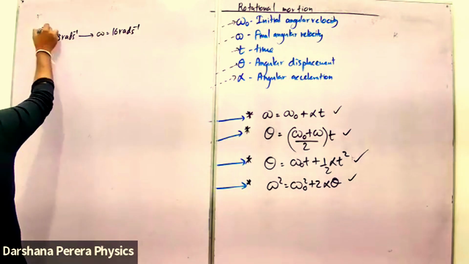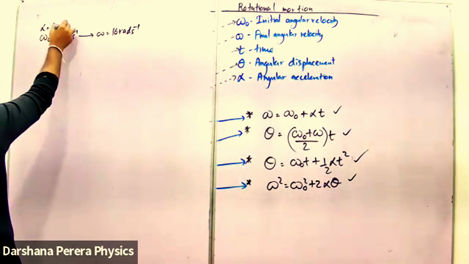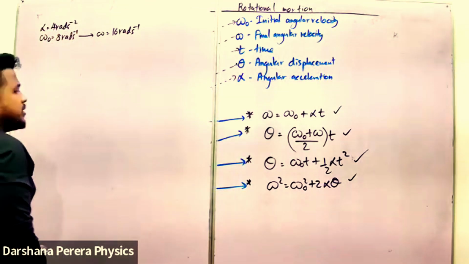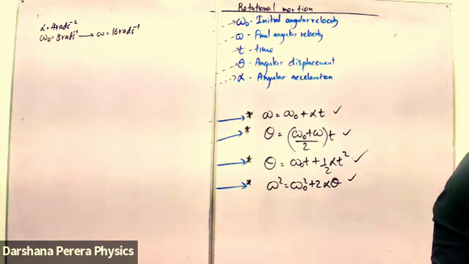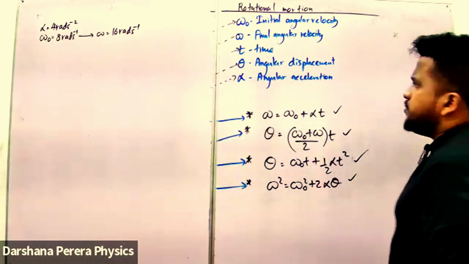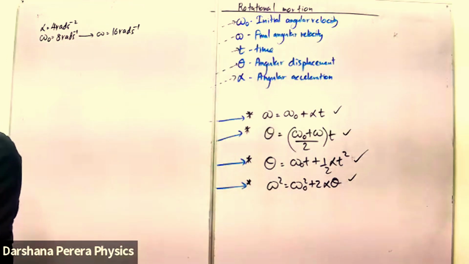The alpha is 4 rad s^-2. Find the time taken.